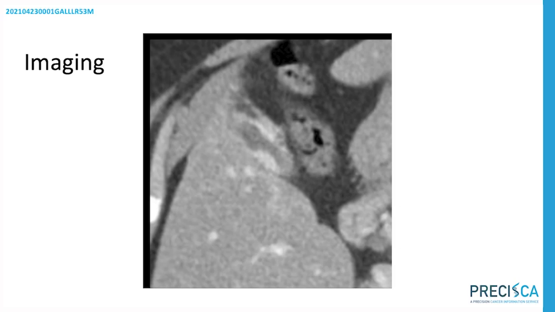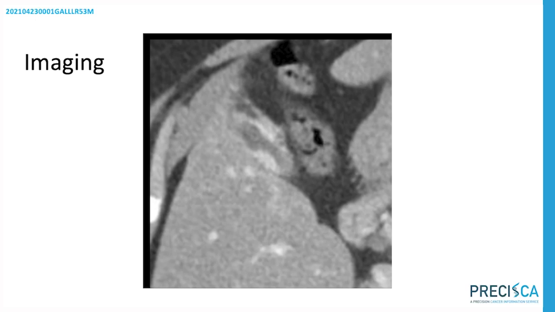One of the ways that we try to discern the difference is on either high resolution ultrasound or MR. Look for those tiny little cystic areas that you could see in adenomyomatosis, which you won't see in a gallbladder cancer. And when you look at the anterior aspect of the gallbladder, in addition to some thickening, there's also a little bit of soft tissue that extends outside the gallbladder, which would make me more suspicious for a gallbladder cancer and less suspicious for adenomyomatosis, because that's usually confined to the gallbladder wall.